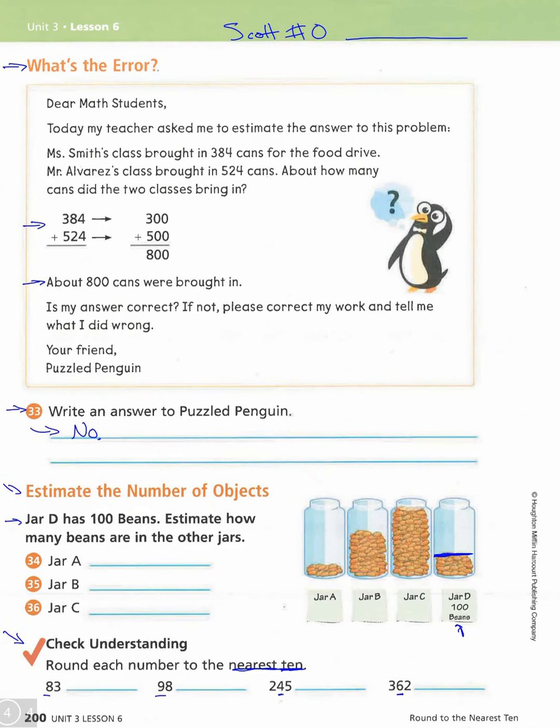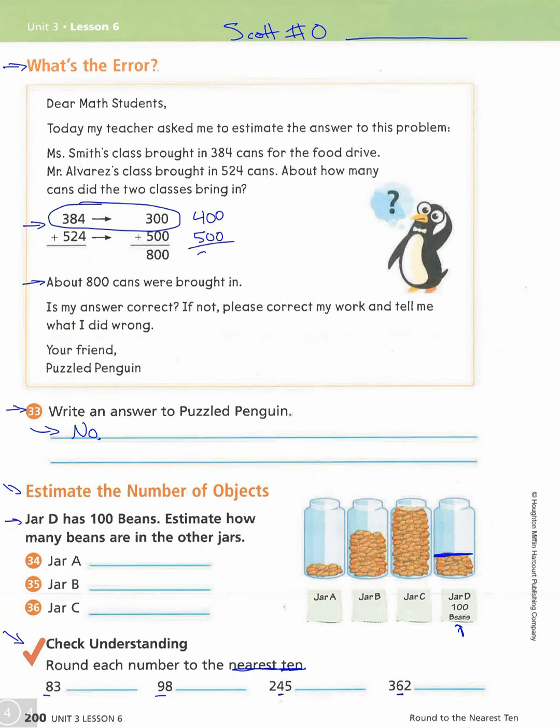Last page of correcting. This was our puzzle penguin, and we were supposed to fix his errors. Hopefully you saw that his error was that the 384 does not round down to 300. It should have rounded up to 400, and he did the 524 correctly.